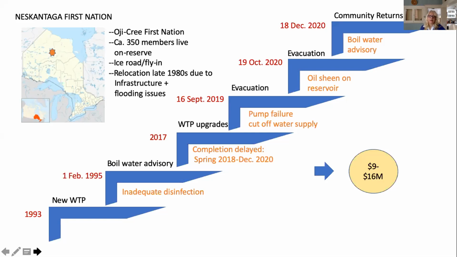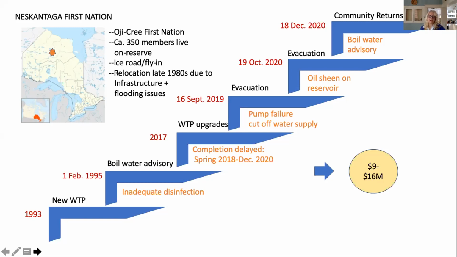So Neskantaga First Nation is a community of about 350 members that live on reserve. It's a fly-in community, accessed in the wintertime by ice road. In the late 1980s, the community was relocated to its current location due to infrastructure and flooding issues.